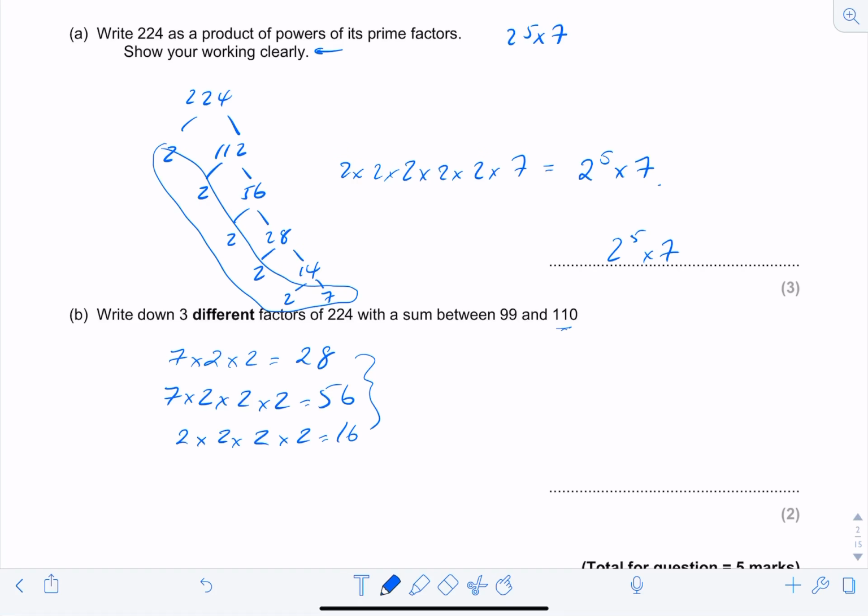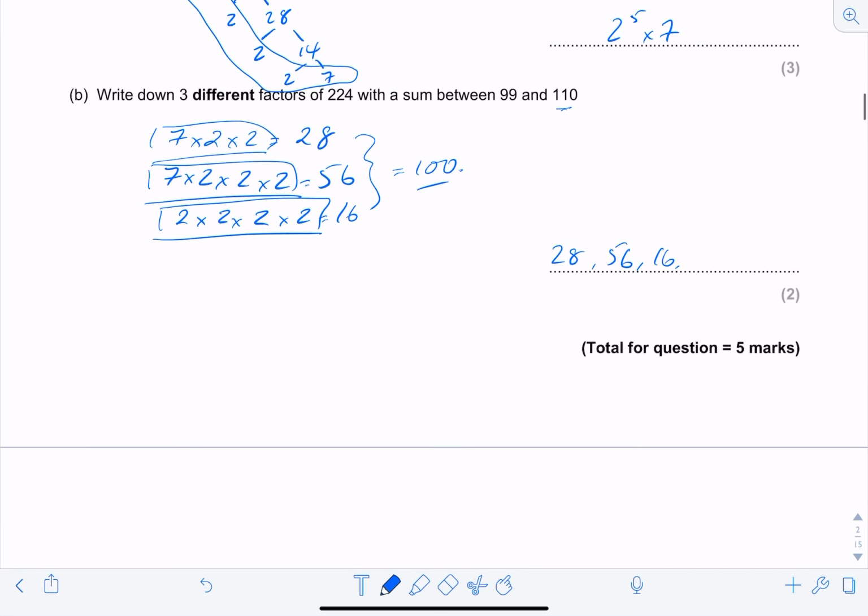Add those together. 28 plus 56 plus 16 is 100. So that works. That's just going to be a bit of trial and error. But the important thing is knowing how to find factors of 224. And like we said before, as long as we're using those prime factors to create our factors, then these will all be factors as well. Okay, so let's carry on.